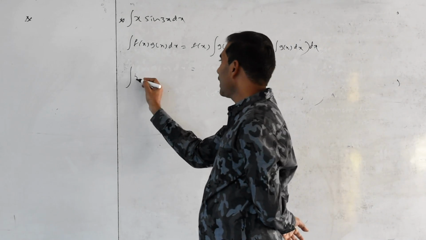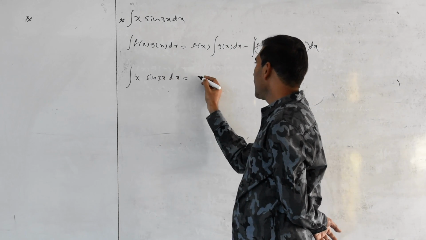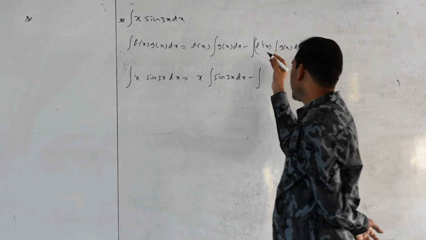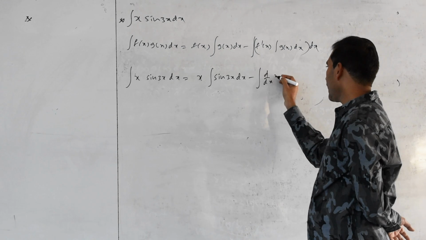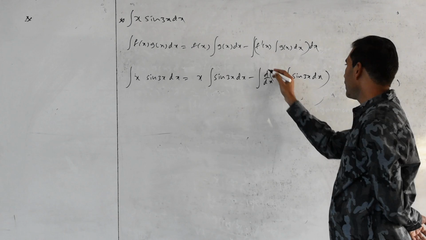Integration of x into sin 3x dx equals x integration of sin 3x dx minus d by dx of x, integration of sin 3x dx whole dx.